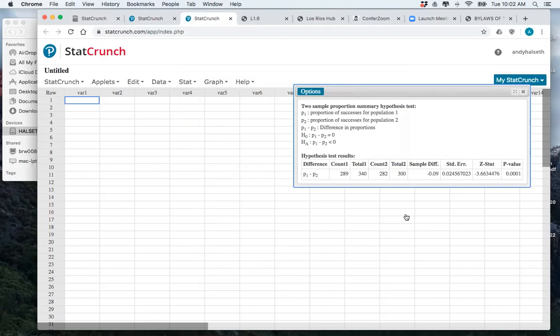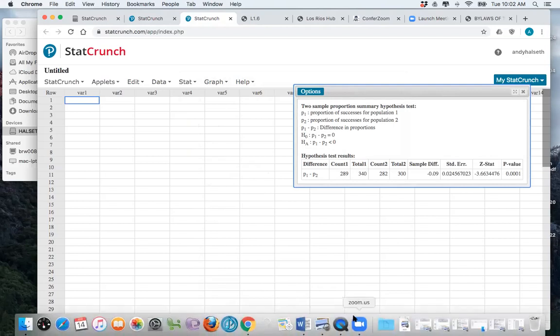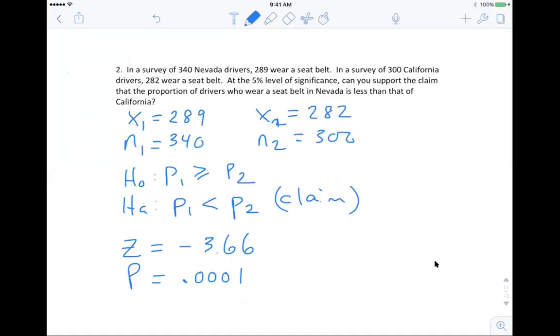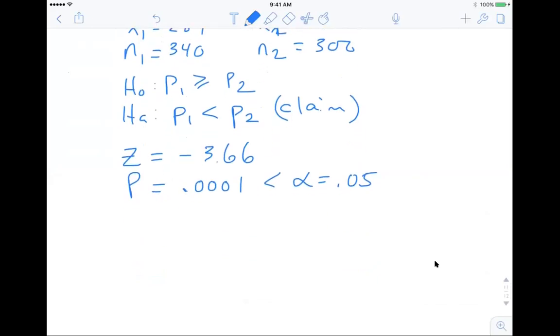Okay. And now we go back to our handout and we complete the problem. Using that p-value, with the p-value so small, it's definitely less than the alpha of 5%. So anytime the p-value is small, it's reject H sub 0.